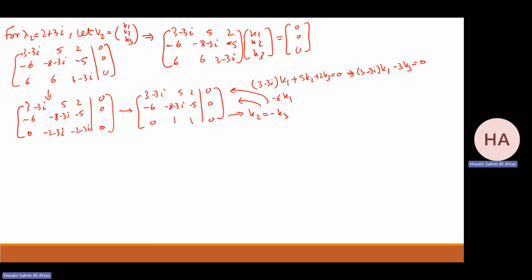Minus 6K1 plus minus 8 minus 3i K2 minus 5K3 equals 0. So I have minus 6K1. Now multiply minus 8 minus 5, that will be 3. Minus 3i K3 equals 0. Okay. These two should be the same. Believe me, they should be the same.